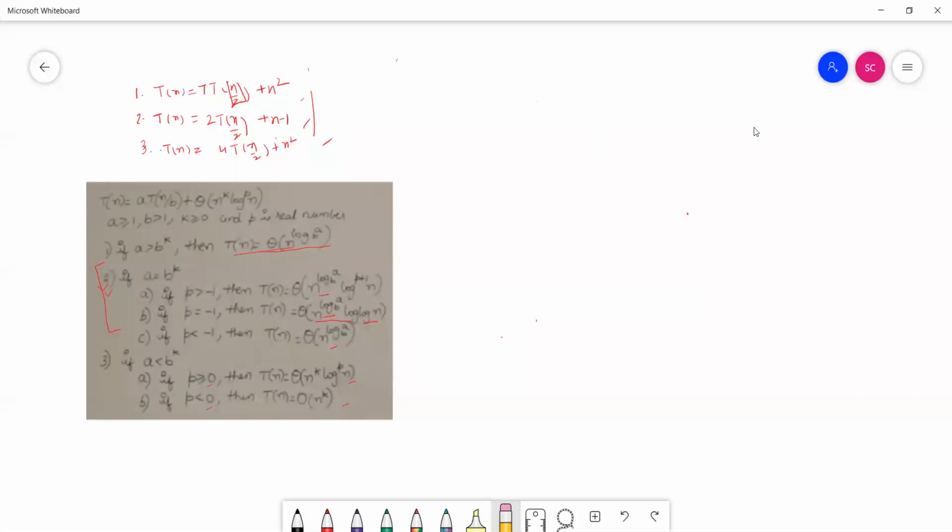So there is one more question which is a bit different, and it is important also. So let's see how to solve such type of questions.